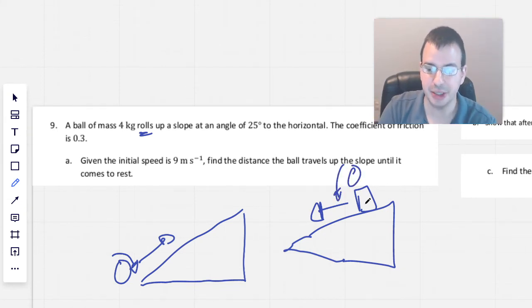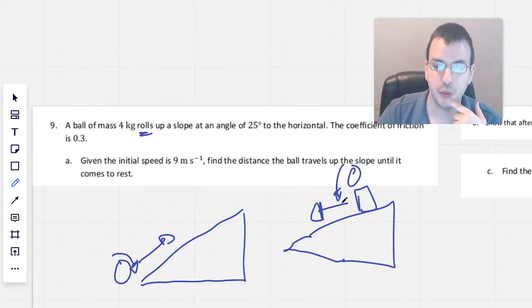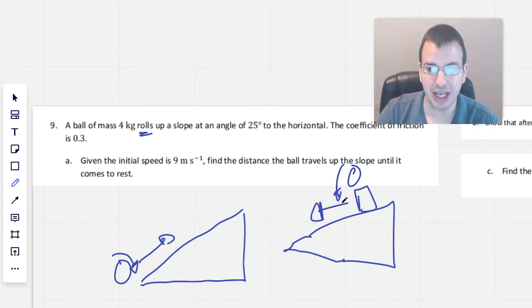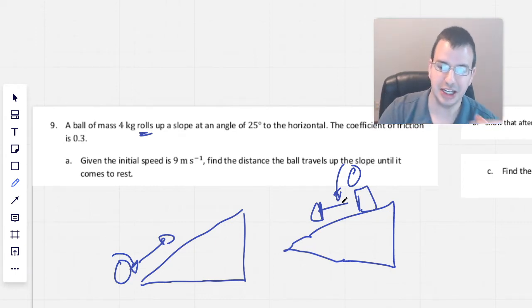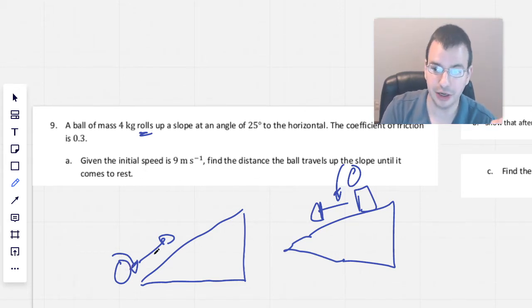That's because some of the kinetic energy is converted to rotational energy when you roll, and when you slide, all that energy goes to translational. So what I'm going to assume here is that this ball is perfectly rolling without slipping. Slipping would be like the block, rolling would be like the ball.